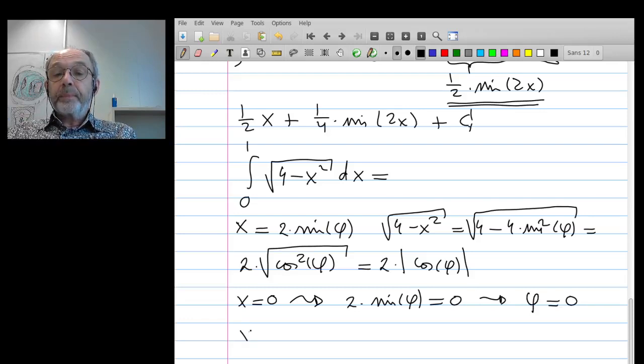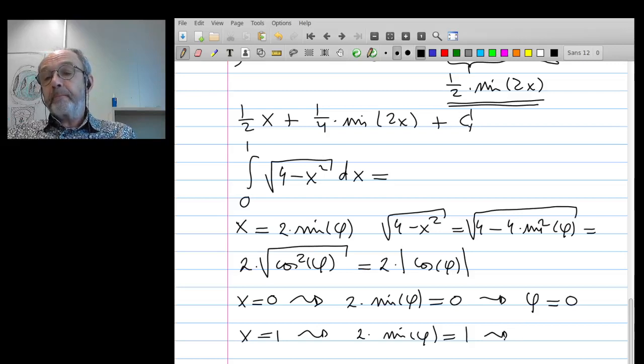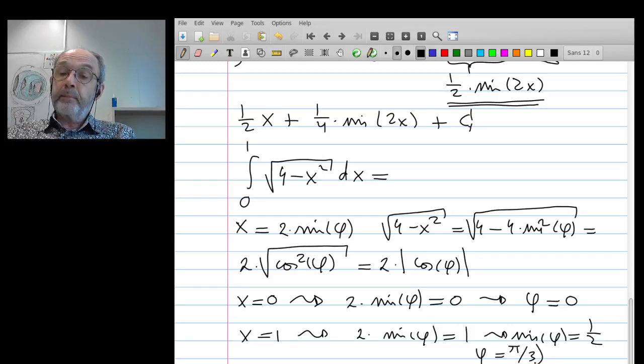And if your x is equal to 1, then you have that 2 times the sine of phi has to be equal to 1, so the sine of phi has to be equal to 1 over 2. And we can take for the phi, in this case, pi divided by 6.